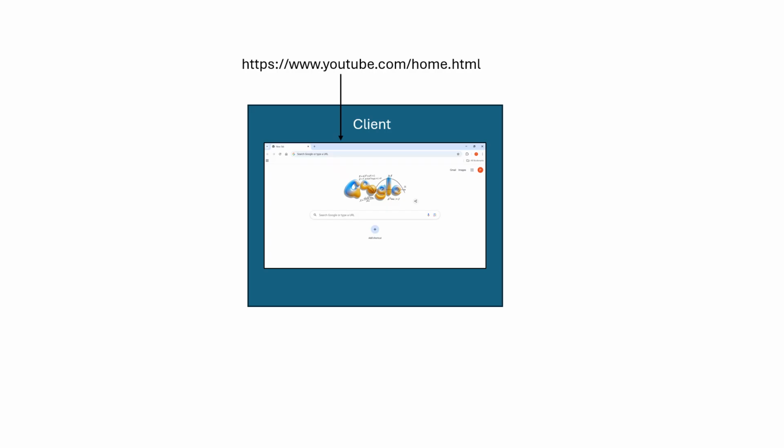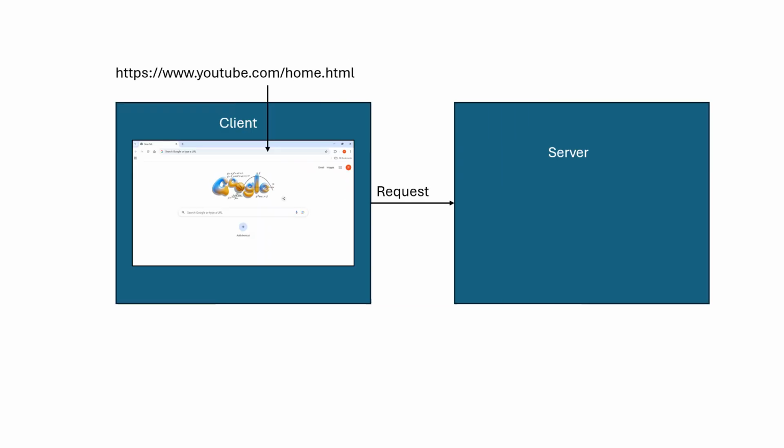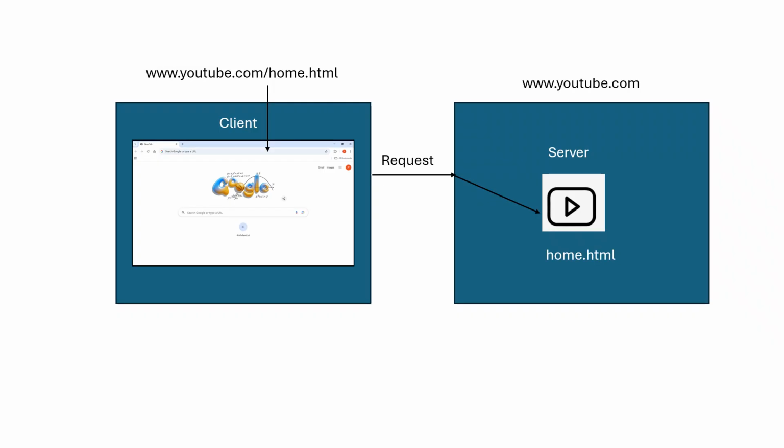So what would be the process? If you enter the URL into the search bar and press enter, you send the request to the server. Because you are sending a request to the YouTube server, the server will check for the requested page, because in the URL you are requesting the home.html page.